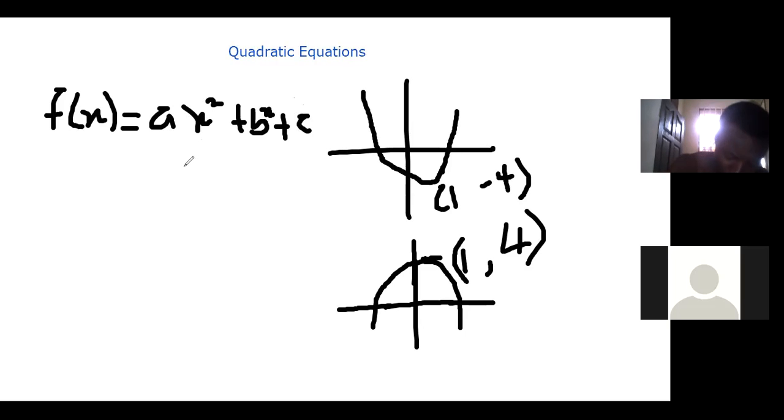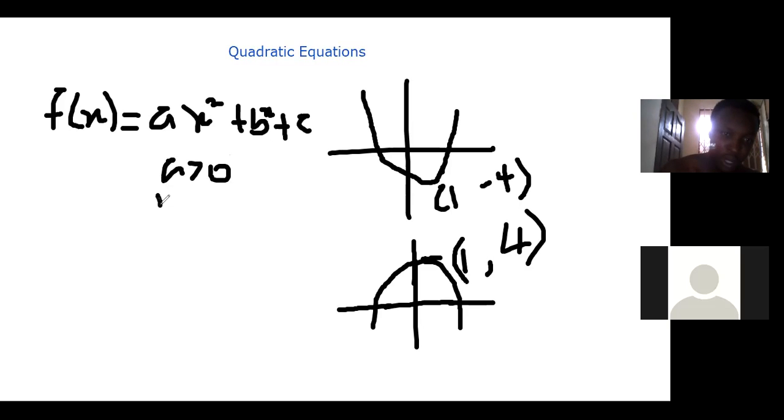So let me just reiterate what I said. The function gives a minimum point when the coefficient a of the x squared is positive. When you say it's positive, that means it's greater than 0. So immediately when this a is greater than 0, then at the back of our mind, you should know that the function will definitely give us a minimum point.